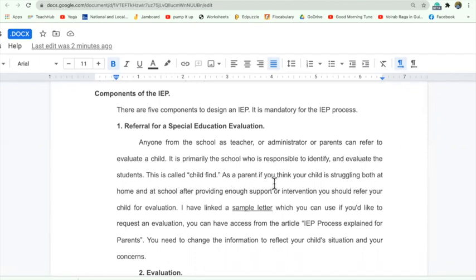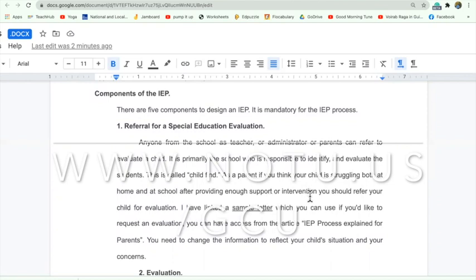As a parent, if you think your child is struggling both at home and at school after providing enough support or interventions, you should refer your child for evaluation. I have linked a sample letter which you can use if you would like to request an evaluation.